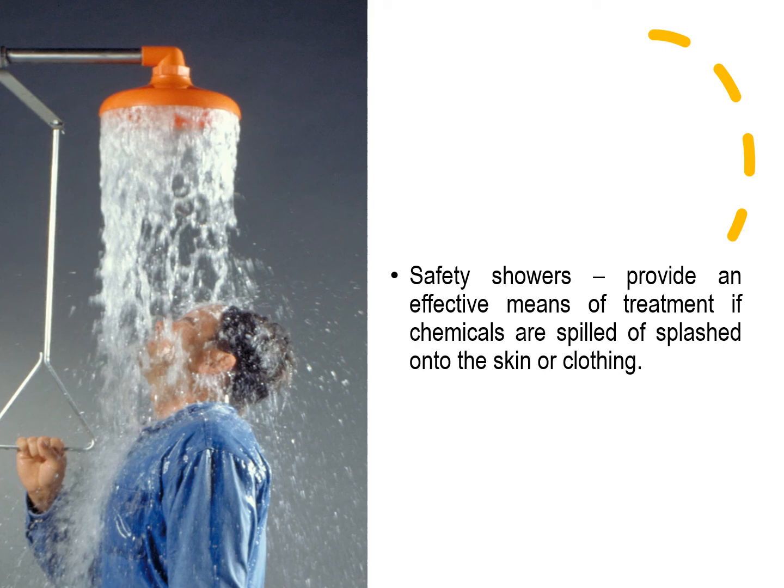If that happens, you immediately run to the safety shower and pull this lever or handle to let a strong gush of water flow out of the shower. Okay, so again, please do not take off your clothes. You run immediately under the shower and pull the lever. That is the proper use of our safety showers.